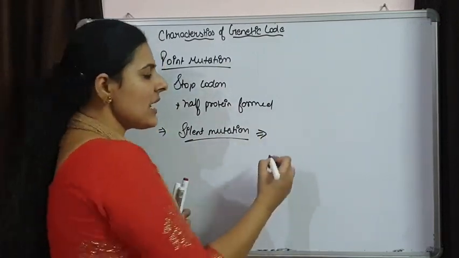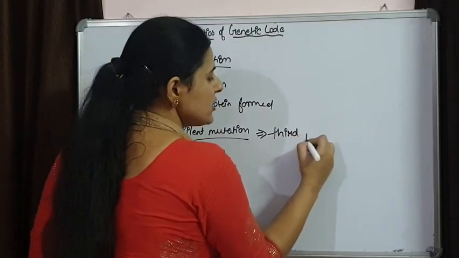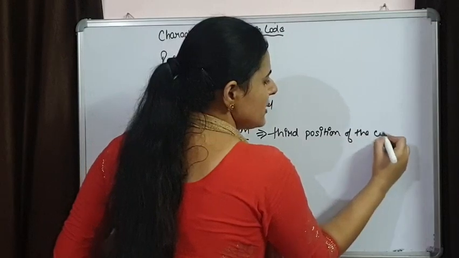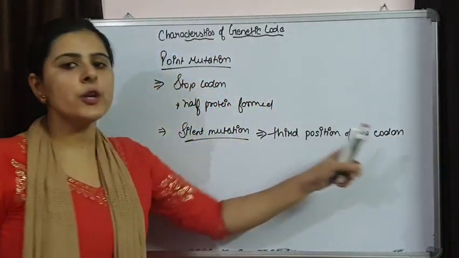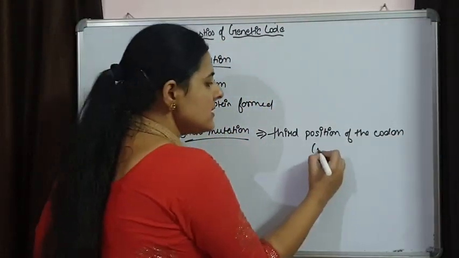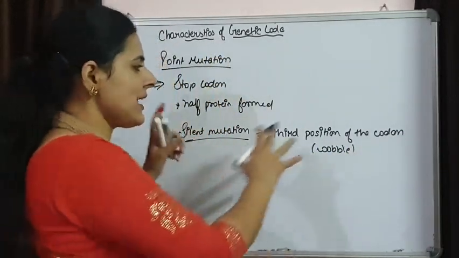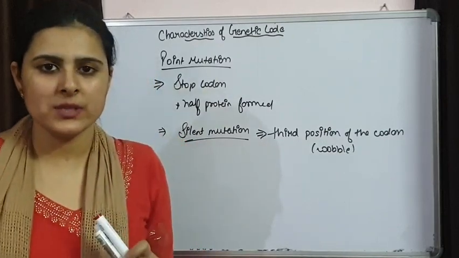When the changes are taking place at the third position of the codon. ज्यादातर चेंजेस कहाँ होते हैं? थर्ड पोजीशन पर होते हैं. This is known as wobble position, and this was explained as the wobble hypothesis.